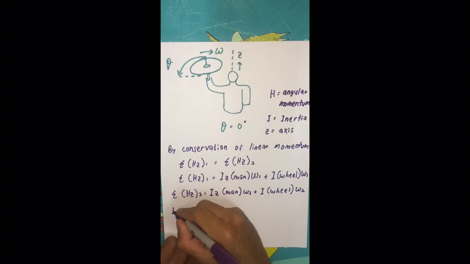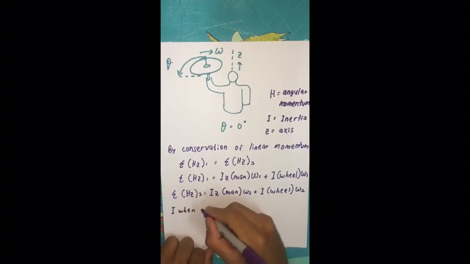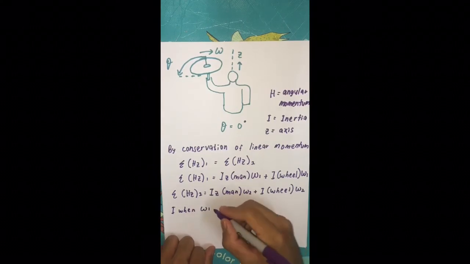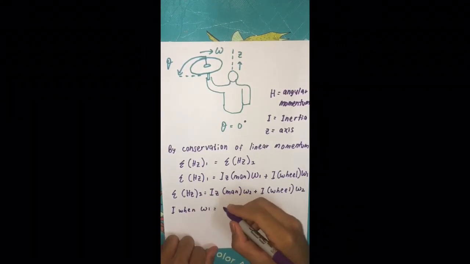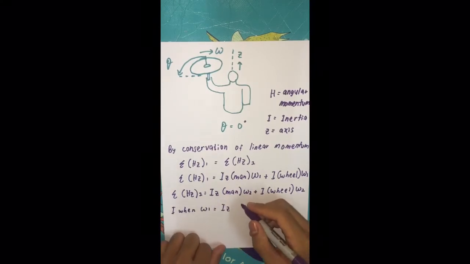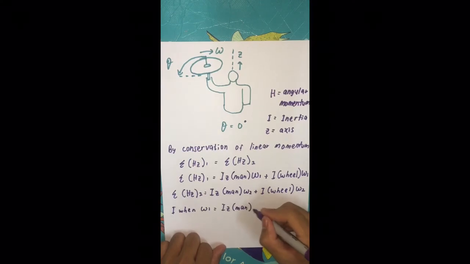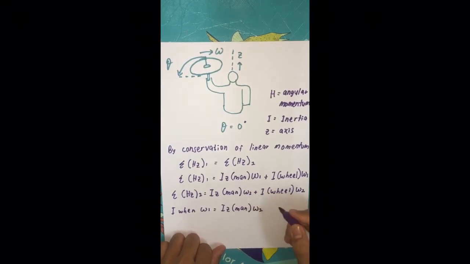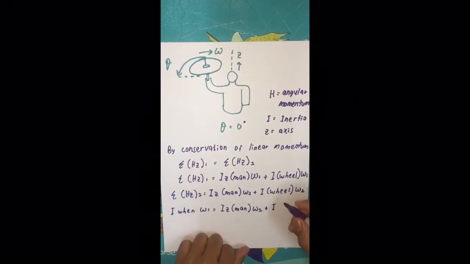The inertia, when omega 1, is Iz of the man times omega 2 plus the inertia of the wheel times omega 2.